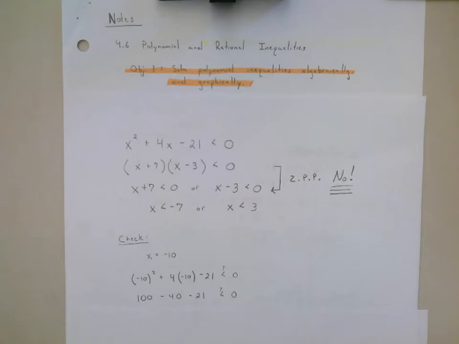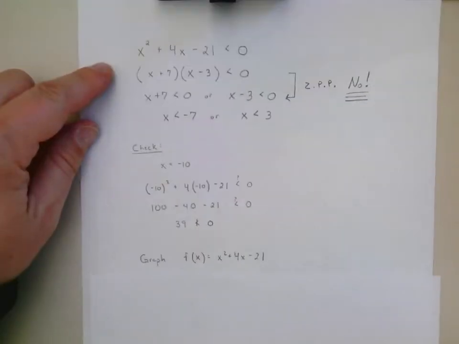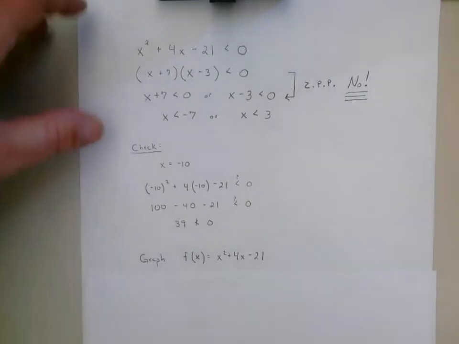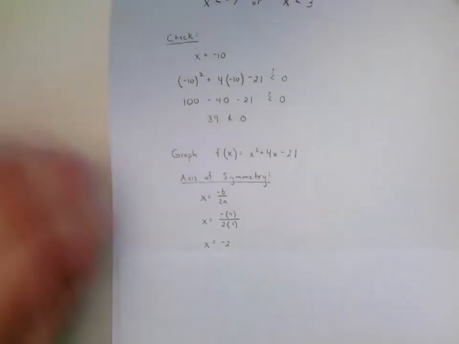Another way to see this is to graph the inequality. So let's graph f of x equals x squared plus 4x minus 21, the same quadratic that we were working with initially. To graph a quadratic in standard form, I need to find the axis of symmetry.